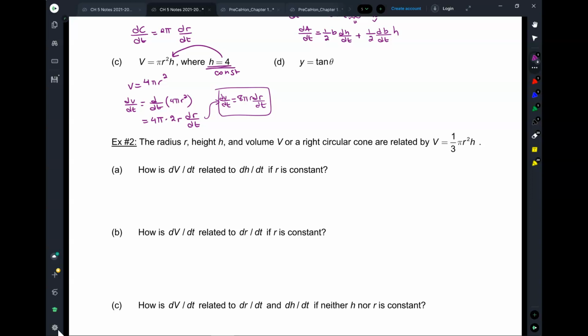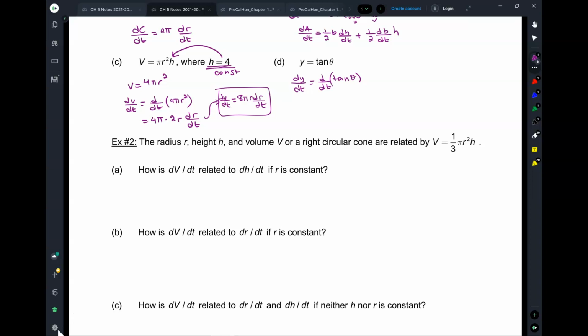Next one, tangent of theta. So the function is y. What's the variable in the function? Theta, right? So dy/dt is d/dt of tangent of theta. I'm going to say that in a different way. Basically, I want to take a derivative of tangent with respect to t.